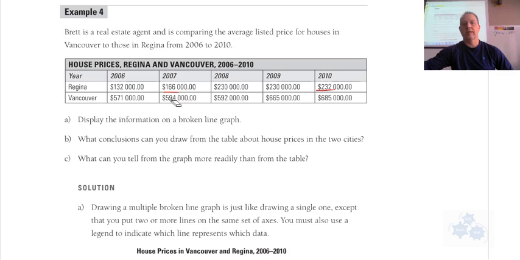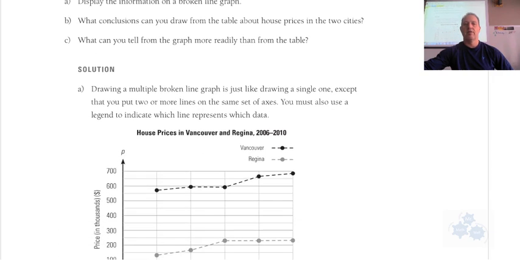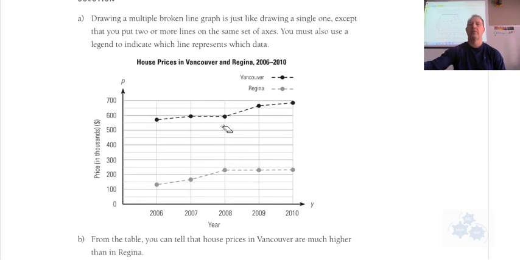But they did increase the next year, but then it dropped here. This dropped, right? And then there was another big increase. So we can see kind of what's going on. If we display the information in a graph, we could put both sets of data on one graph. This is called a double broken line graph or a comparison graph. These are often really helpful to compare the trends of two different things.